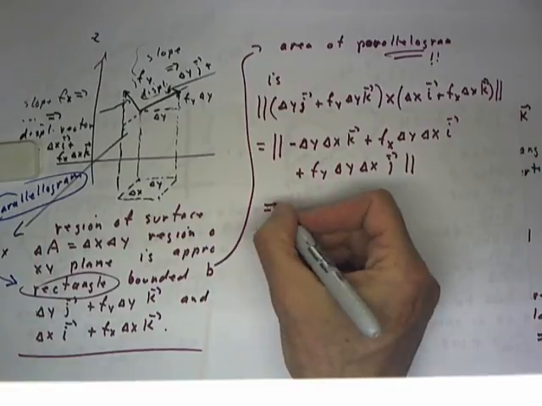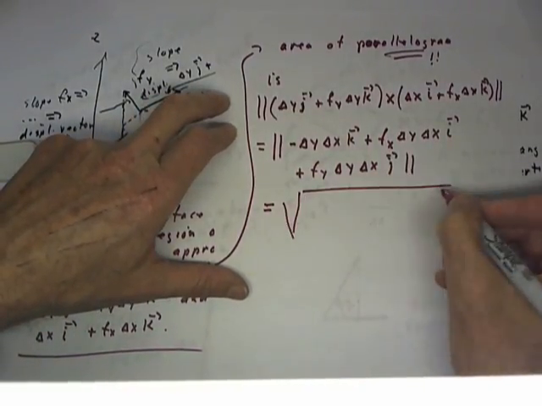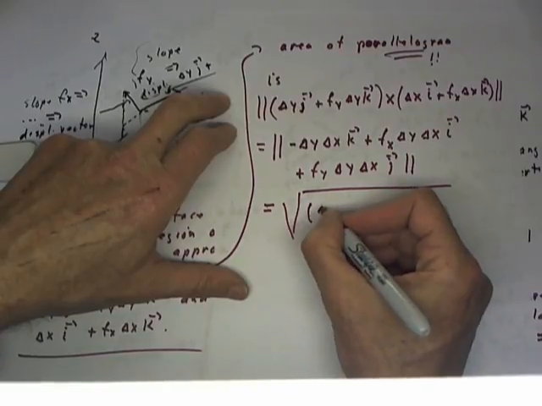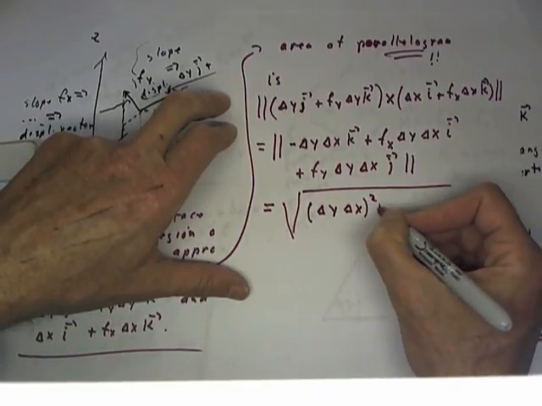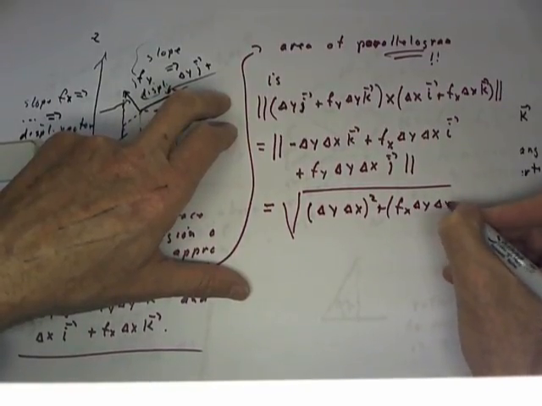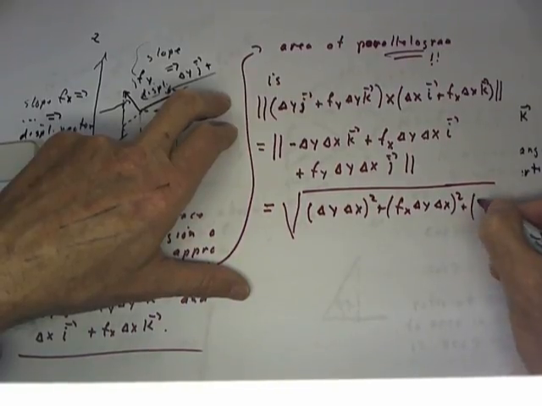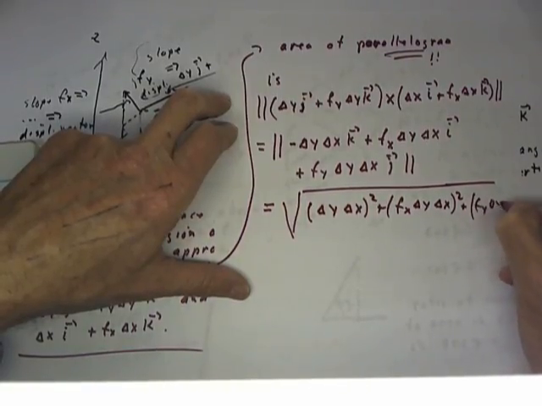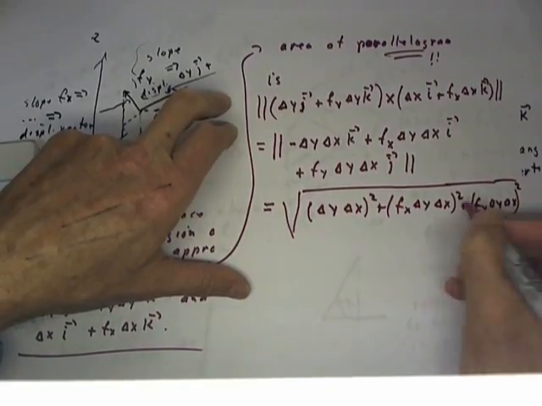So it's clear that the magnitude of the vector is going to be the square root of delta y delta x quantity squared plus Fx delta y delta x quantity squared plus Fy delta y delta x quantity squared.